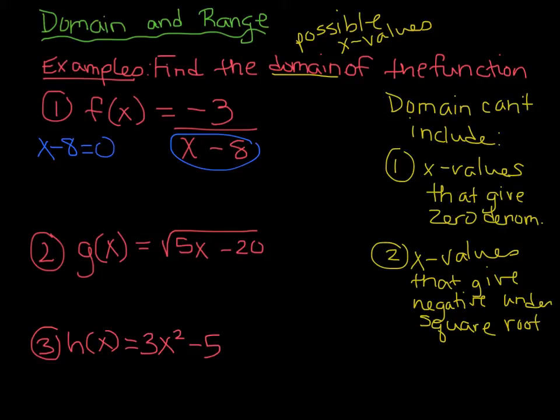So we do not want x minus 8 equals 0. If you want, you can even write it as x minus 8 is not equal to 0, because we're not allowed to have that. That would give you that x is not equal to 8. So then, putting it all together, our domain is going to be all real numbers except for 8.